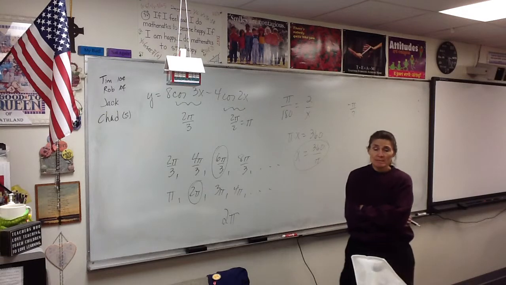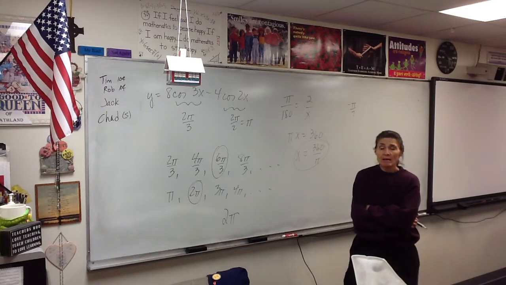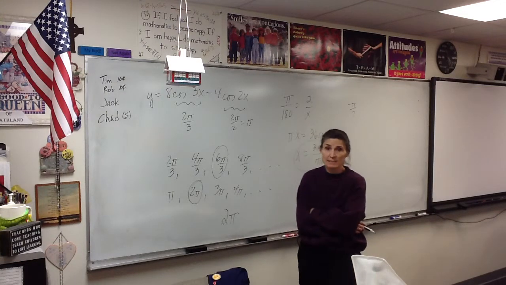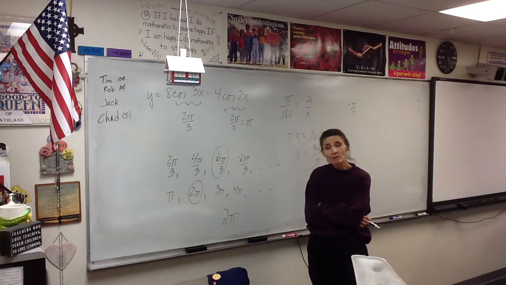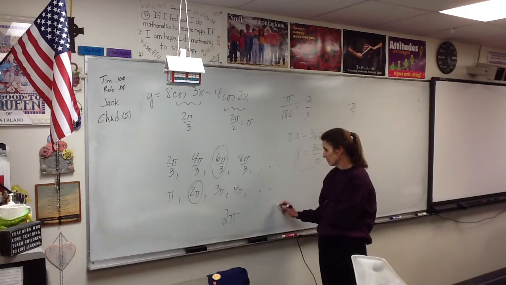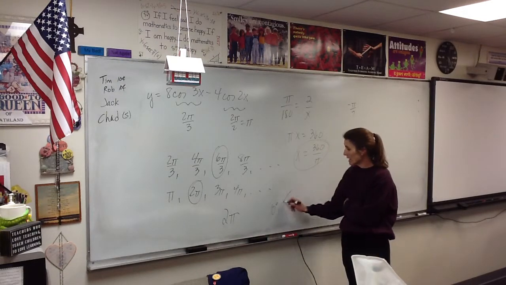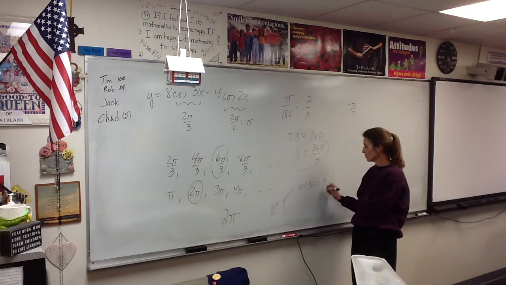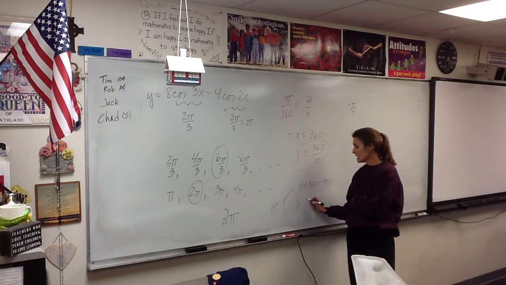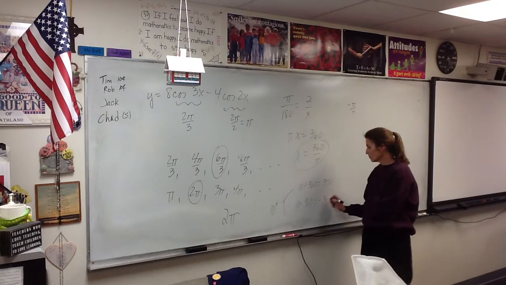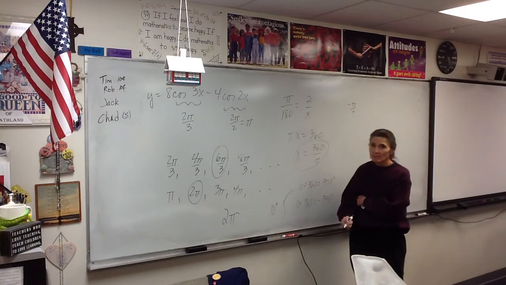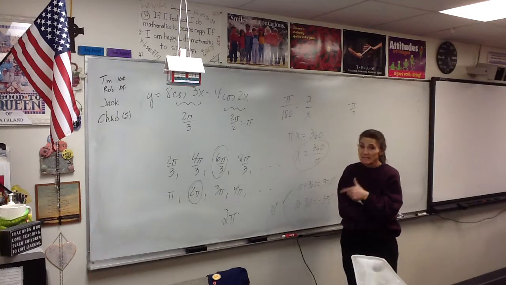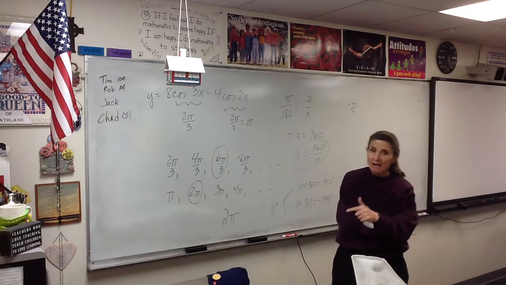If we're in degrees, that means we'll take our angle and we'll add 360 or we'll subtract 360. So if we had an angle of 10 degrees, coterminal angles for this one would be 10 plus 360 or 370, or 10 minus 360 or negative 350.